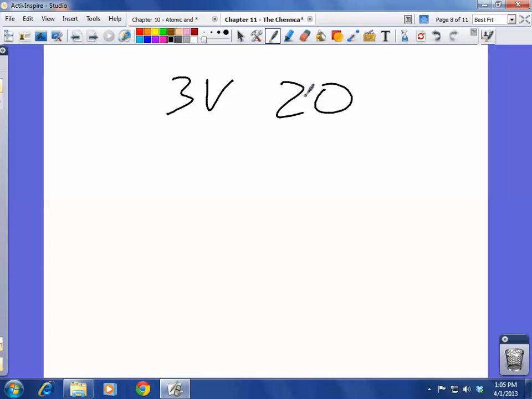Which group is that going to be? It'll just be 3A. So everything in group 3A is going to have 3 valence electrons. And 2 orbits, everything in the second period is going to have 2 orbits. So the only thing that has 3 valence electrons and 2 orbits is boron.